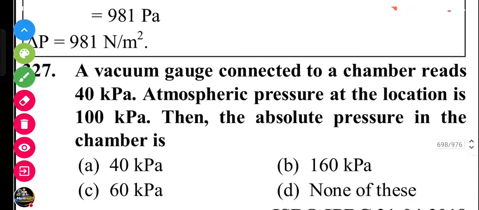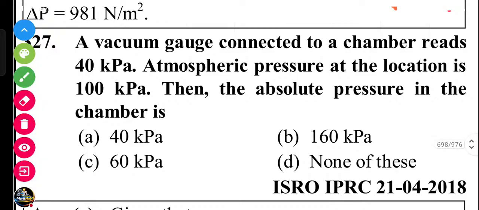Next question. This question already came in ISRO IPRC 2018. A vacuum gauge connected to a chamber reads 40 kilopascal. The atmospheric pressure at its location is 100 kilopascal. Then what is the absolute pressure of the chamber?